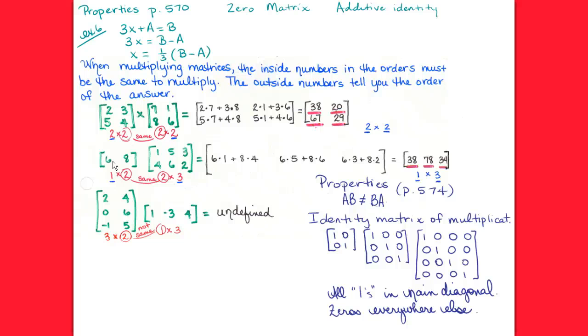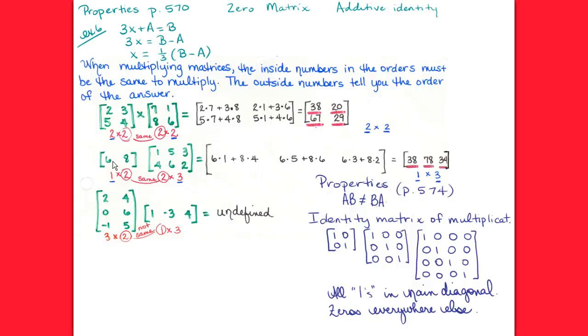If I have a 2 by 3 and a 1 by 2, the inside numbers are not the same. Not only am I not going to get the same answer, I'm not going to get an answer at all. That's impossible. It can't be done. It's undefined. So that's an easy way for us to see that A times B is not the same thing as B times A with matrices.